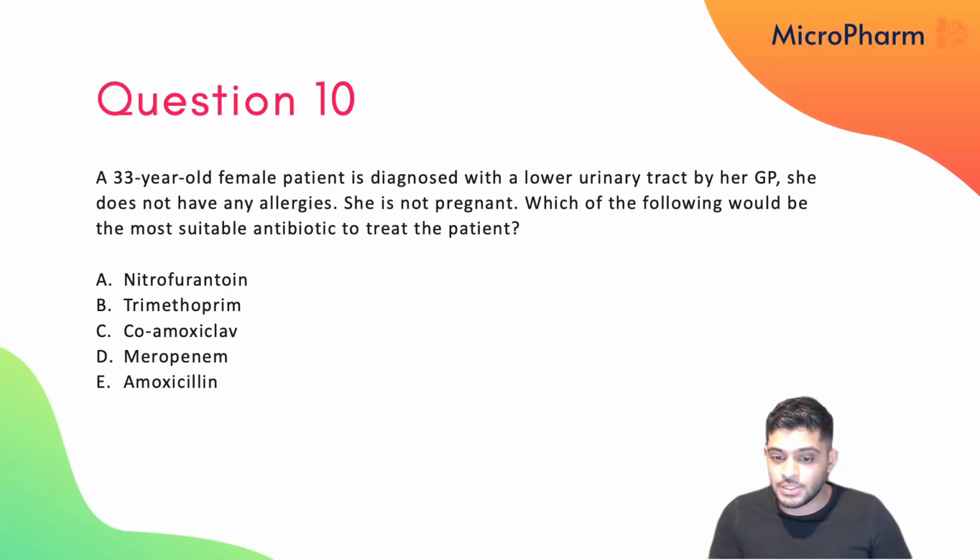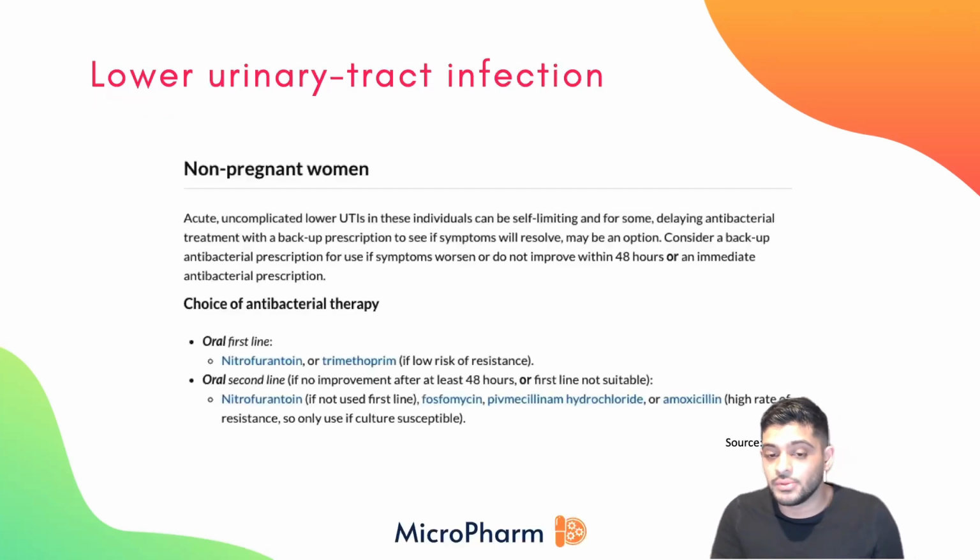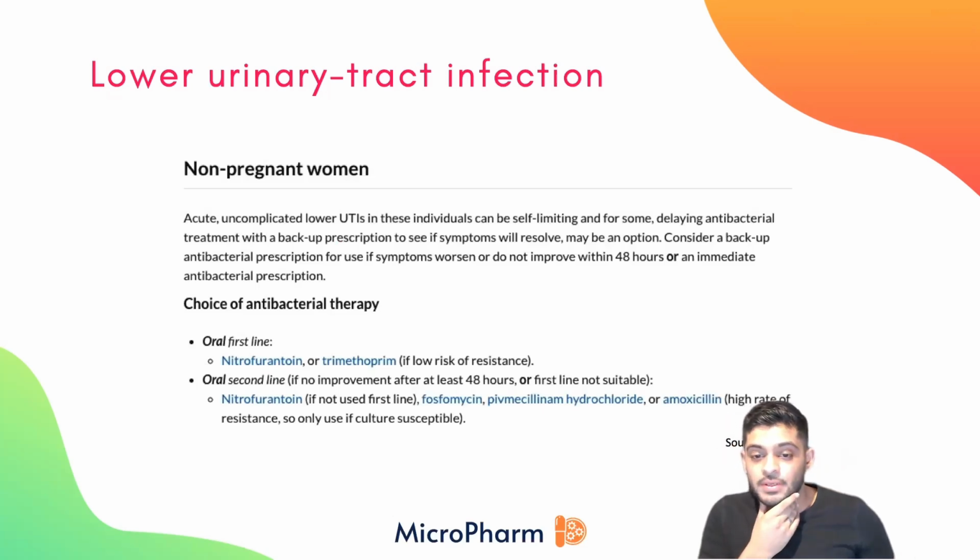The only reason why trimethoprim is preferred over nitrofurantoin in many guidelines, so many national and local guidelines, is because of resistance. So the only time you'll be giving trimethoprim is if the likelihood of resistance is low. In some localities, nationally, 1 in 3 patients demonstrate resistance to trimethoprim. In some localities, it can be 40% of patients.